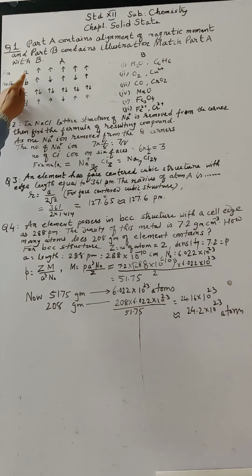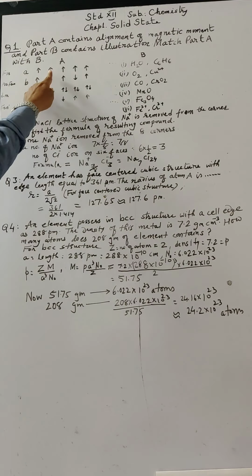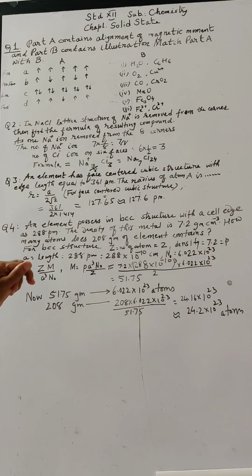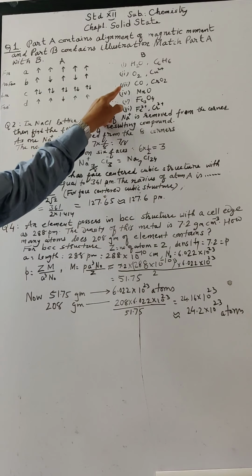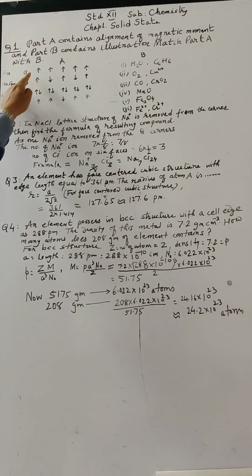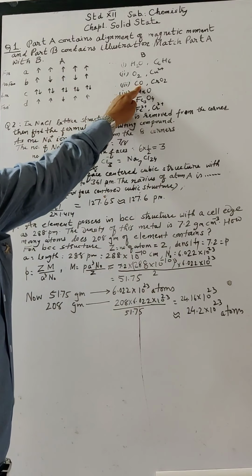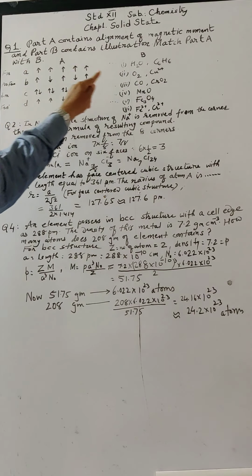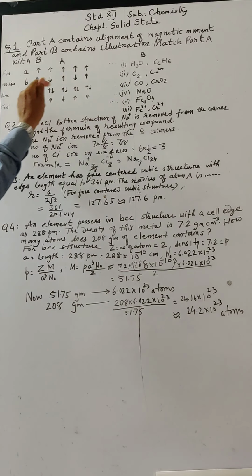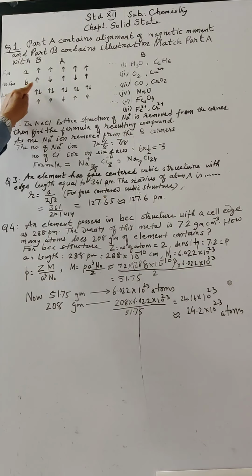In part A, first A, this type of alignment of magnetic moment indicates ferromagnetic. So in front of this, the illustration of ferromagnetic is CO and CrO2. A matches number 3.